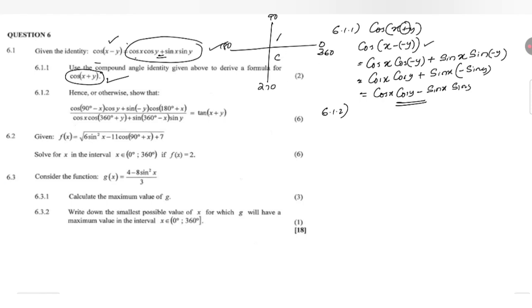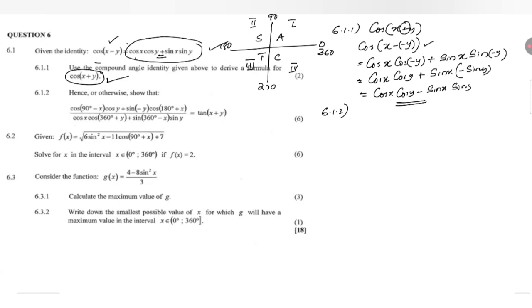CAST rule: C, A, S, T. Remember, C you have to write in the fourth quadrant. This is the first quadrant, second quadrant, third quadrant and fourth quadrant. Those capital letters are representing what? Positive. C means cos positive in the fourth quadrant. A means all positive in the first quadrant.